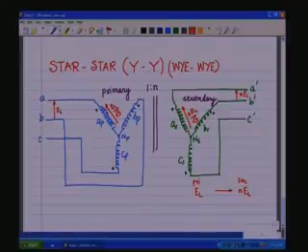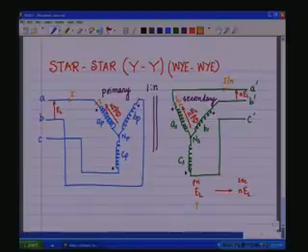Likewise, if I pass a current of I in the primary line, I is the same current which flows through the primary phase into the dot, and therefore, the current that comes out of the dot on the secondary is just I by N, scaled by the turns ratio N, and that is the line current also for the secondary side.